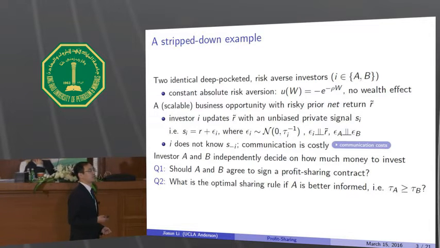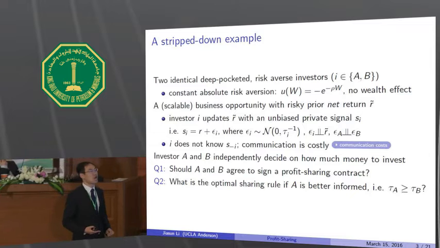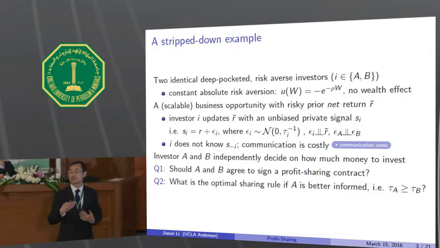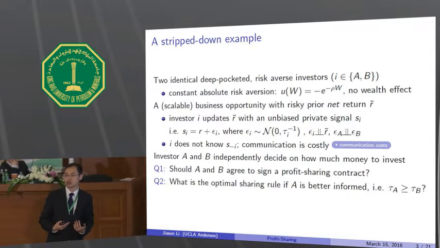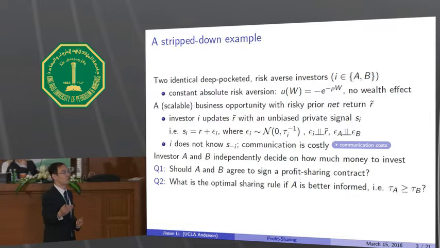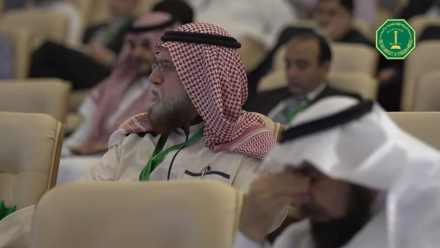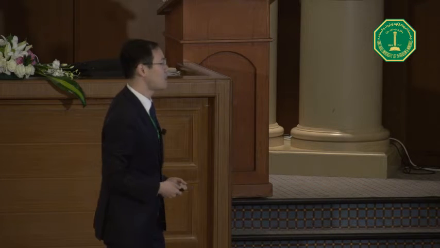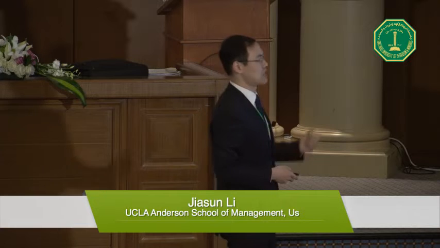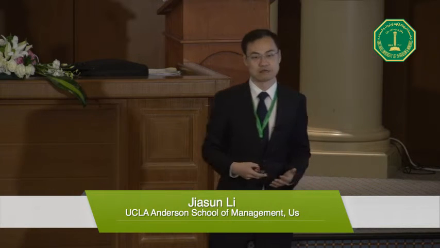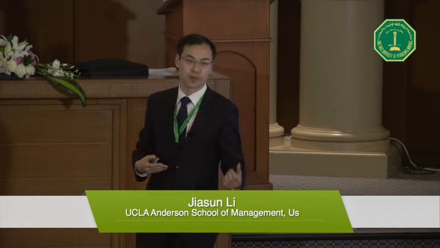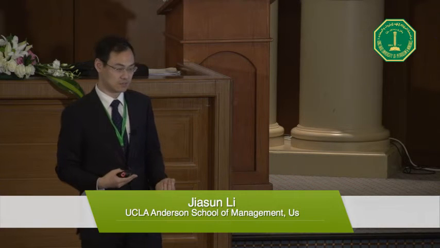Another assumption is that because the signals are independent, if I could magically know what Bill knows about the R tilde, then I would combine his signal and my signal to update my posterior so that I can make more informed investment decisions. But the assumption is that communication is costly, so we cannot actually communicate our private signals.